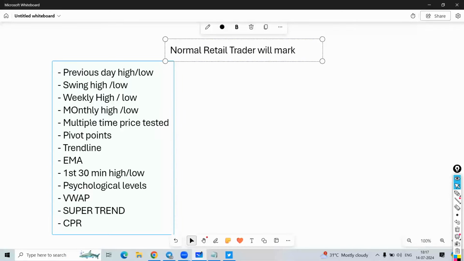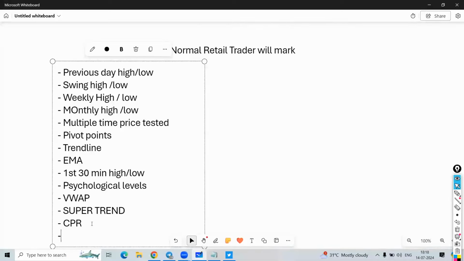Okay, almost 2, 4, 6, 8, 10, 12, 13. 13, right? Almost 13 different and unique ways of marking. Yes, I have missed a few more things also.